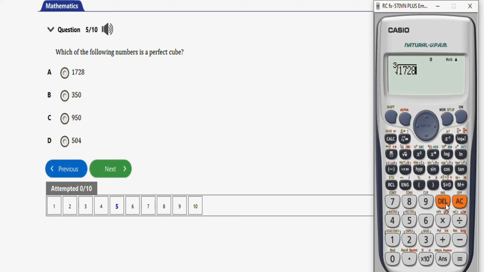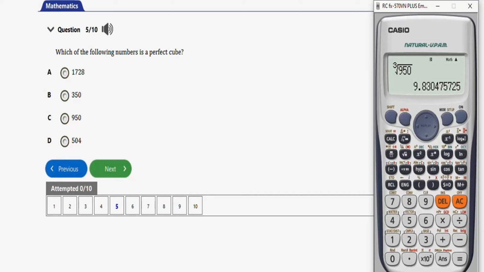Let's see if we can get another integer. Let's check option B, 350. It has decimal points. What of option C? We have 950 there. It has decimal points. Even option D will still have decimal points. So guys, the right option is option A. That's the only option that gave us an integer, 12, that didn't have a decimal attached to it.